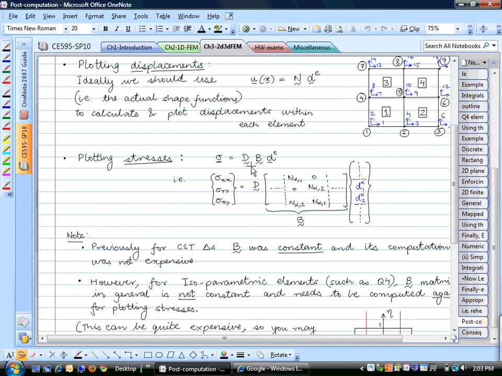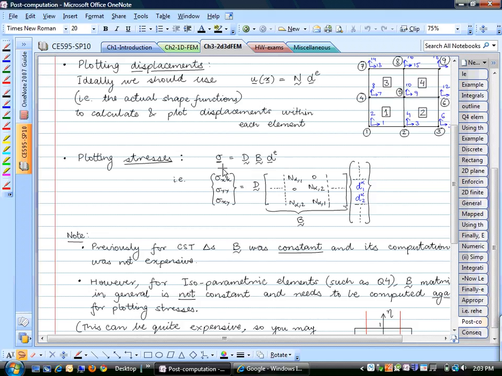In the code LM post, I was missing this D matrix. How many of you did not notice that? Okay. But yeah, we are not going to penalize you for that. But if you can, just make this correction.